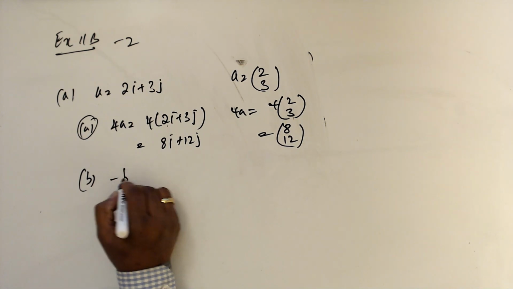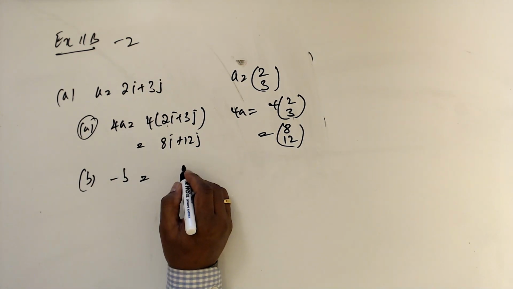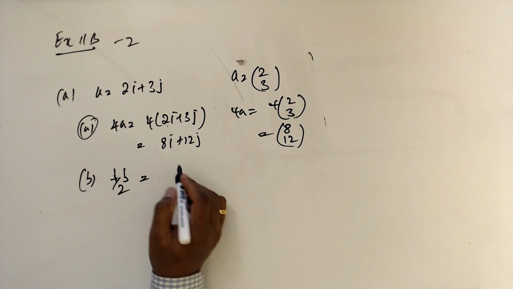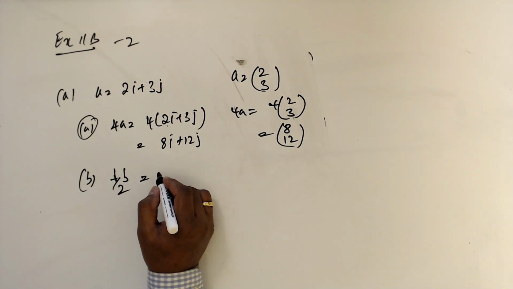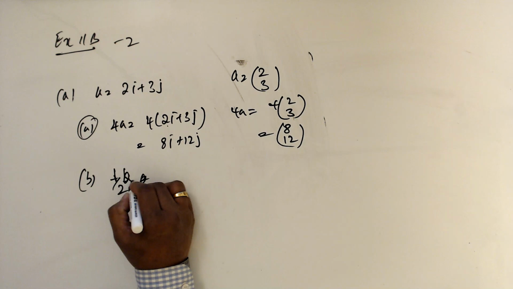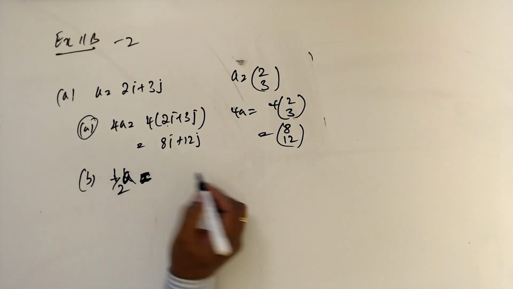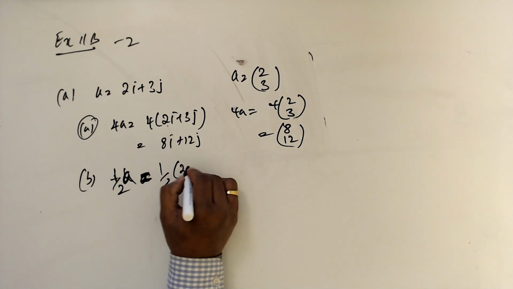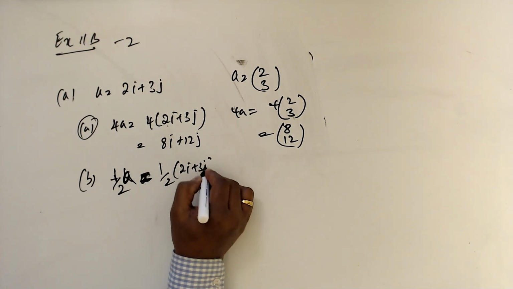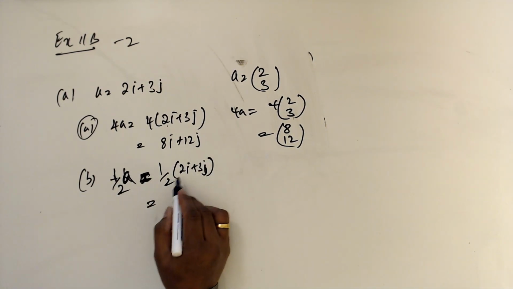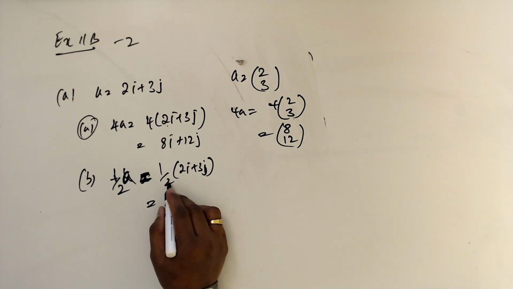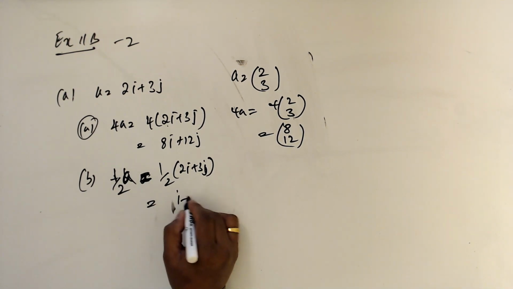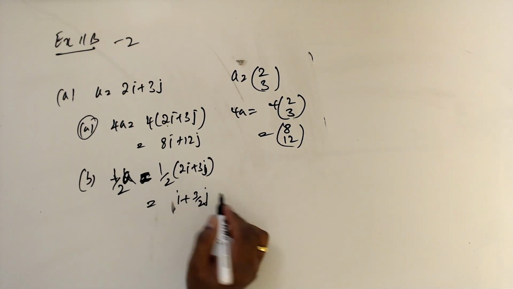B, half a. Sorry, half a, sorry. It means half a times 2i plus 3j. So when you multiply half times 2, it is 1i, which is i, plus 3 over 2j.